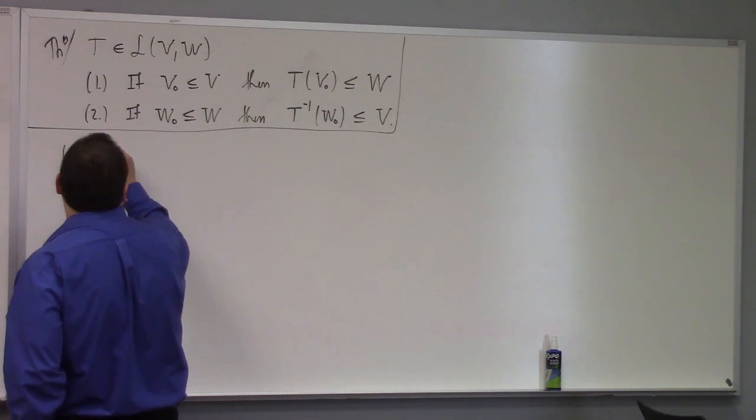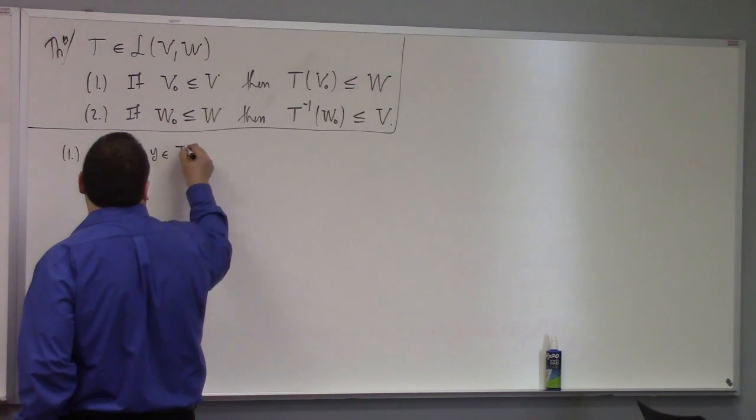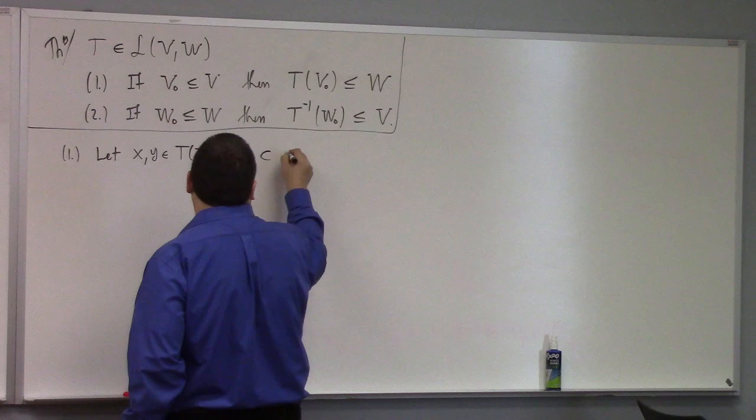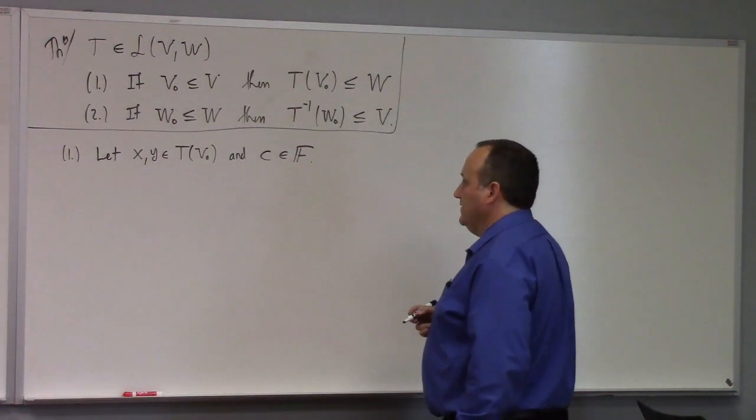So for one, let x and y be elements of T of V naught, and let c be in the field. Then what?